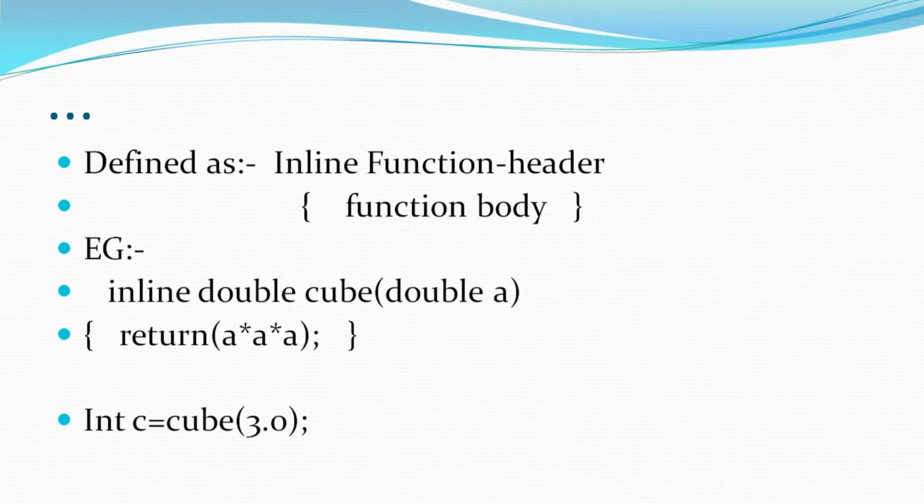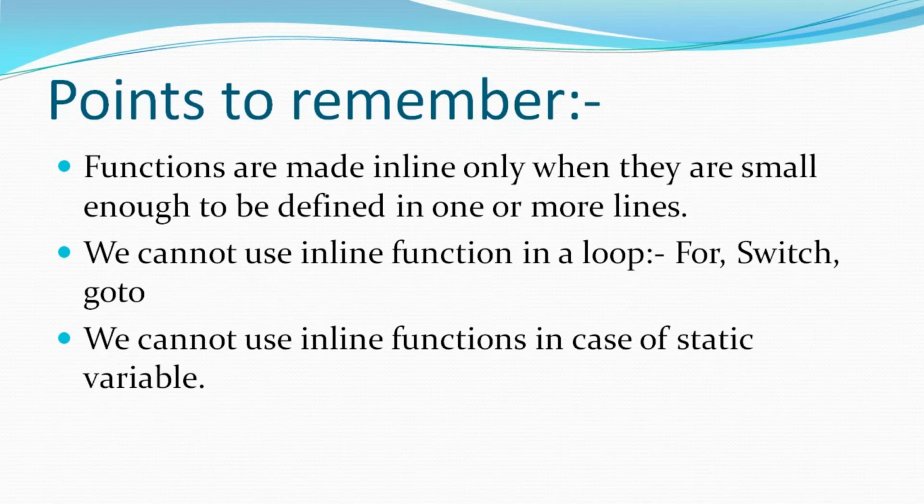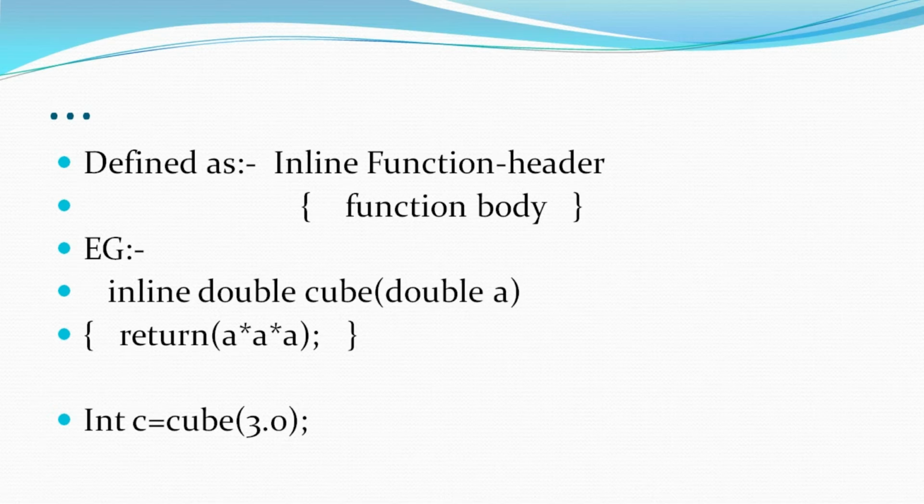There are some points that you need to keep in mind with this function. First, functions are made inline only when they are small enough to be defined in one or more lines. What does that mean? Let's look at this function. The function is defined and declared in only two lines, or maybe a single line, so its execution will be as fast as possible.